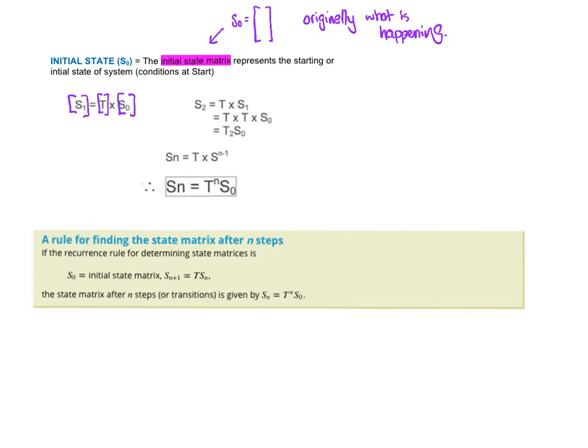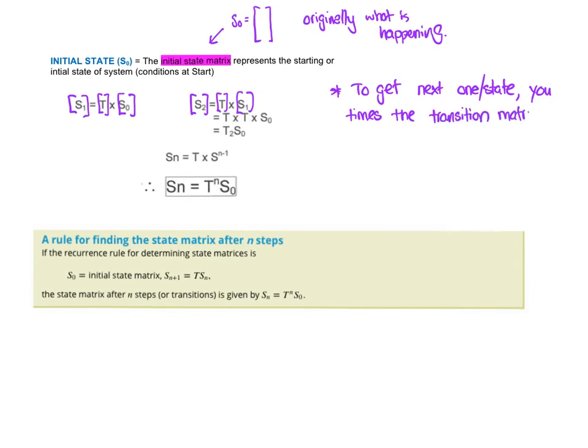If I wanted to do week 2, you can see I can use the transition matrix times S1. So essentially, to get the next state, you times the transition matrix by the state before.